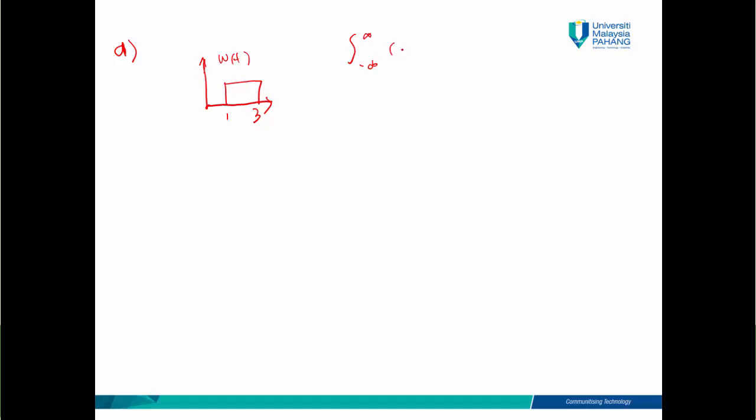In this case, we use w(tau) with z(t minus tau), d tau, equals y(t). So let's put the z(t minus tau) before 1. So we have the signal here.